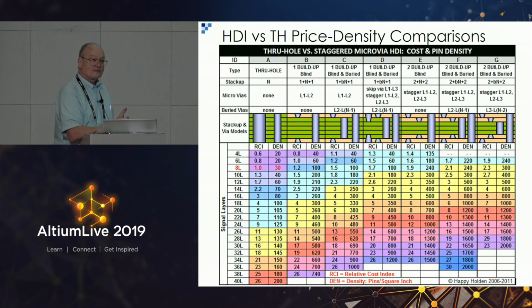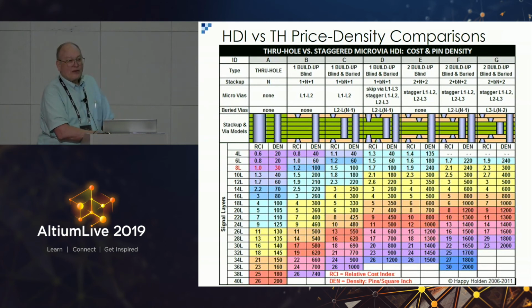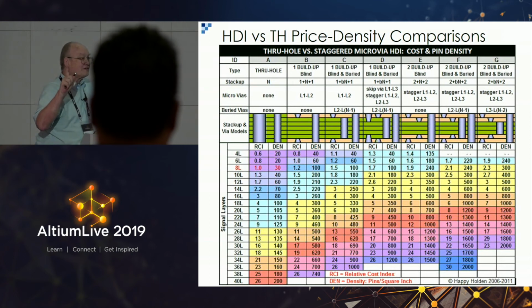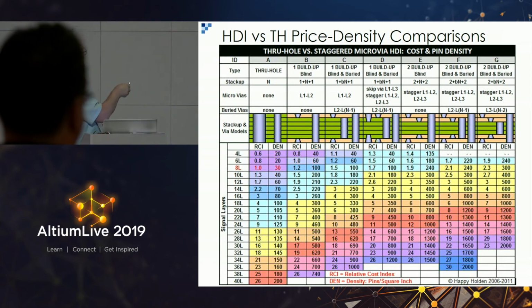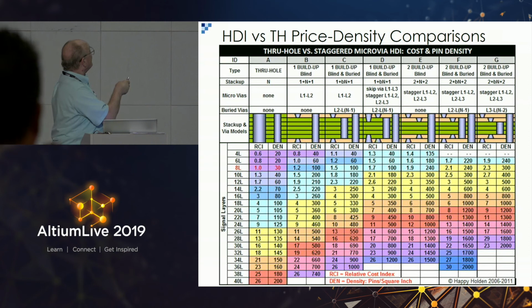It's relative cost. It's based on the cost of an 8-layer through-hole. So whatever you pay for an 8-layer through-hole multilayer, that's 1.0. And so this is a ratio and a percentage. It's not a direct cost. You've got to multiply it by whatever you pay for an 8-layer.